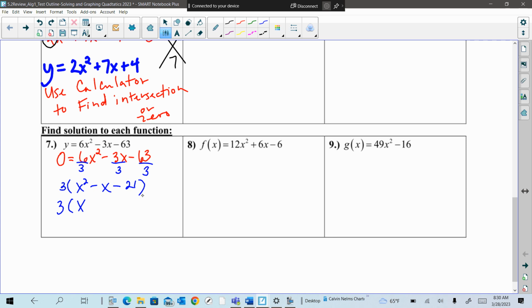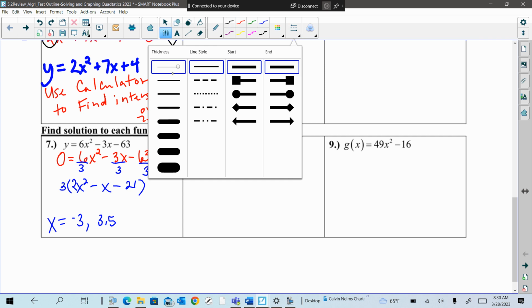Because was it 21? Yeah. Sorry. That should be 2x squared. We had -3 and 3.5 as our answers. This needed to be slip and slide.